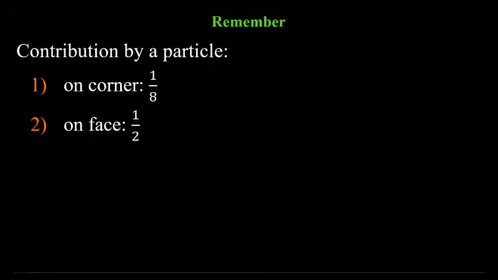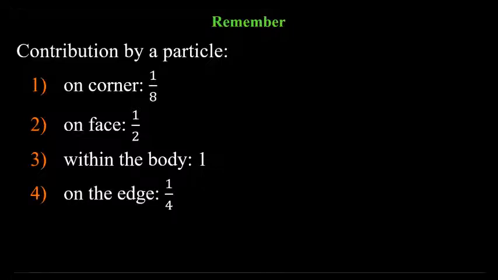Now, the summary. The contribution by a particle on corners is 1 by 8. On face, half. Within the body, 1. And one more, edges, which I have not talked about, is 1 by 4. Why?